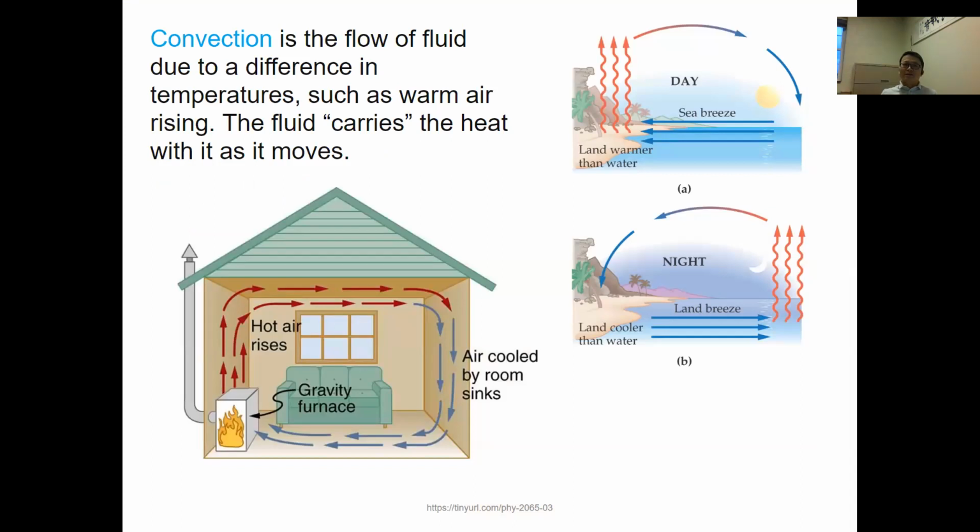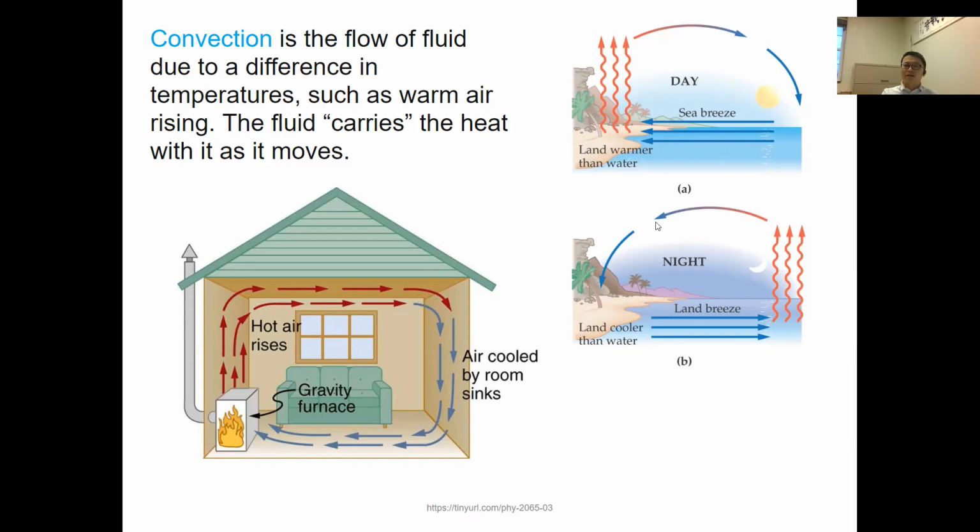And now let's look at convection. That's defined as the flow of fluid due to a difference in temperature, which carries heat. In the daytime when the shore is hotter and the ocean water is cold, heat is carried through the convection of the air flow.